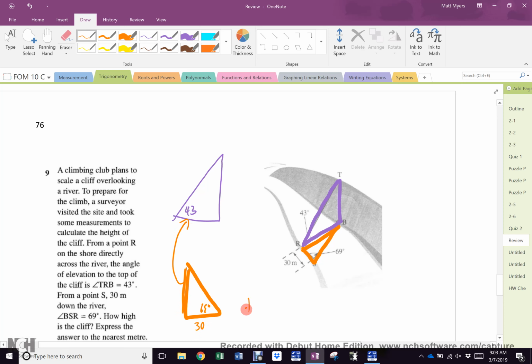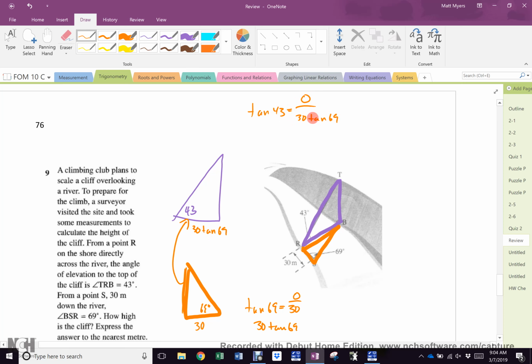So, tan 69 equals opposite over 30. So 30 tan 69 is this side right here. I need this side up here, so that is tan 43 equals opposite over adjacent, which is 30 tan 69.